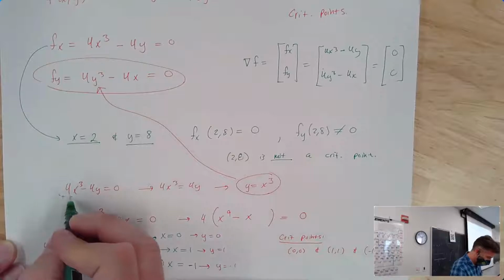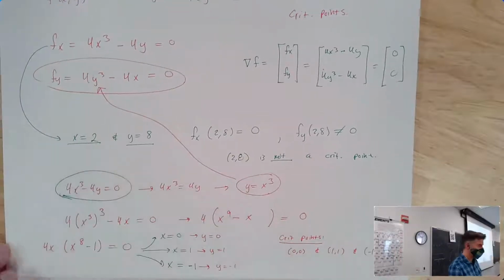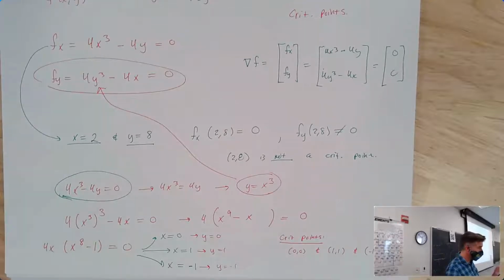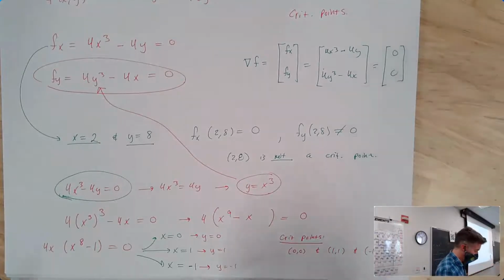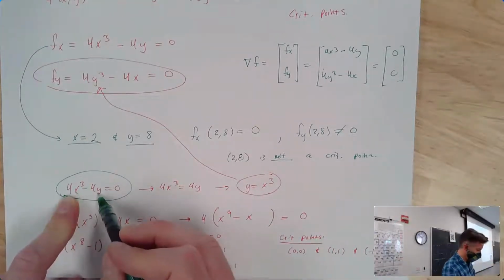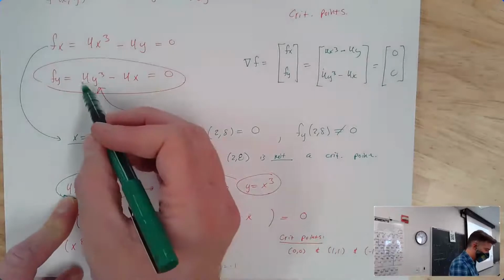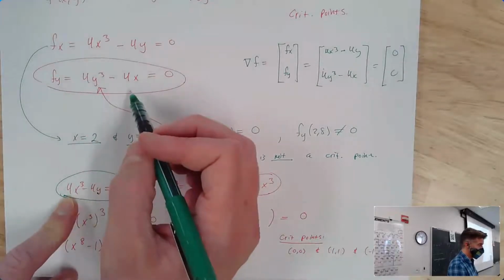According to this, we said this has to be 0. And the only way for that to be 0 if x were to be 2 was for y to be 8. Cool? But then the problem is, if x is 2 here and y is 8 there, that's not a solution to this equation being 0.